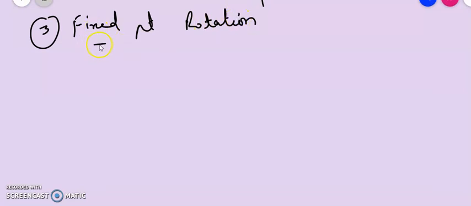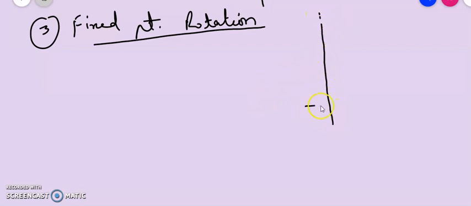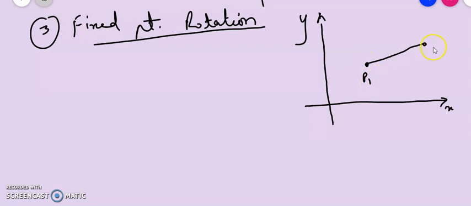When I'm trying to do fixed point rotation, what am I trying to consider? This time I'm going to pick up a line to show you how it is actually going to work. This is my P1, this is my P2. Something in black is the original object. Now I want to do rotation on this.